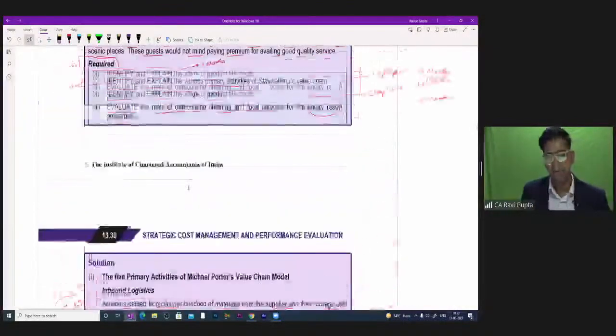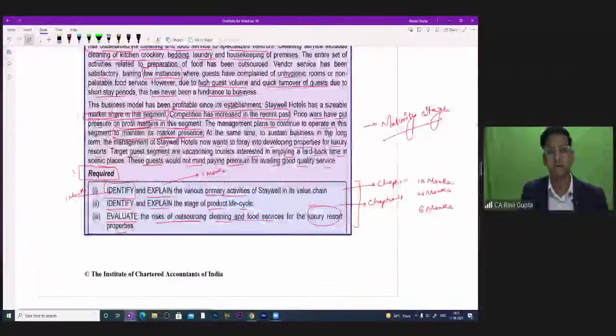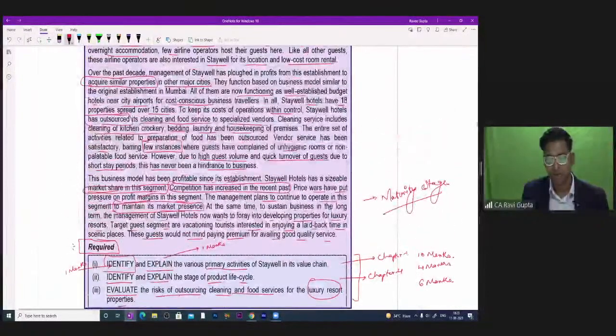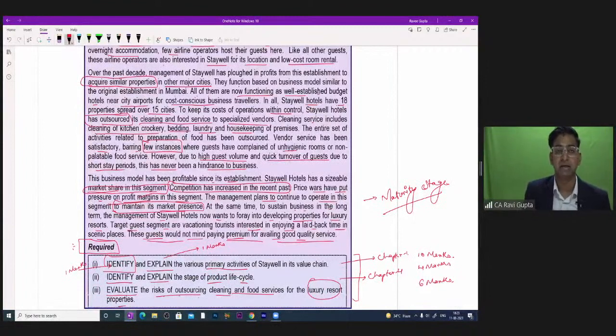But if we speak about luxury, if the guest would not mind paying a premium for availing the food quality services, then why should we outsource it? We should have an internal, in-house department, because we could have more control over the in-house departments. The quality will be better than outsiders.